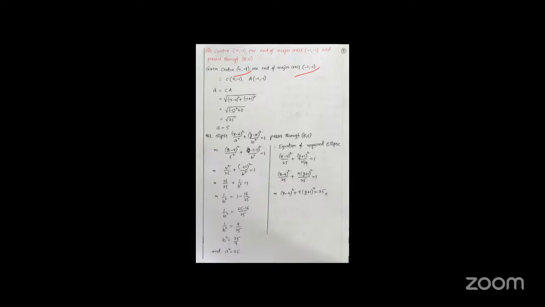Here also observe the coordinates: the 2 points have the same y coordinates. So therefore these 2 points lie on the line y equal to minus 1, which is parallel to the x-axis. If this is the x-axis, this is the y-axis.